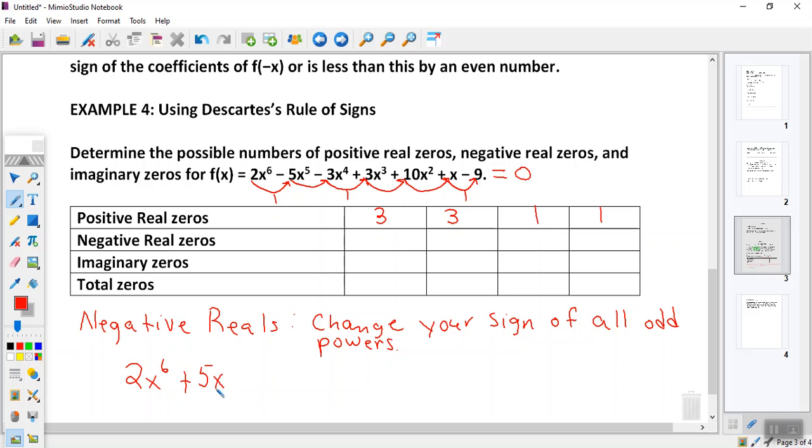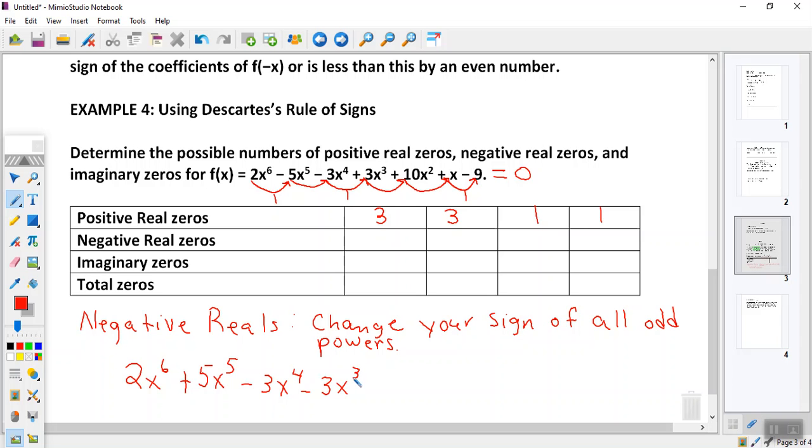Plus 5x to the 5th. Okay, do I need to change the 3x to the 4th? Nope. Do I need to change the 3x to the 3rd, though? Okay. Minus 3x to the 3rd.